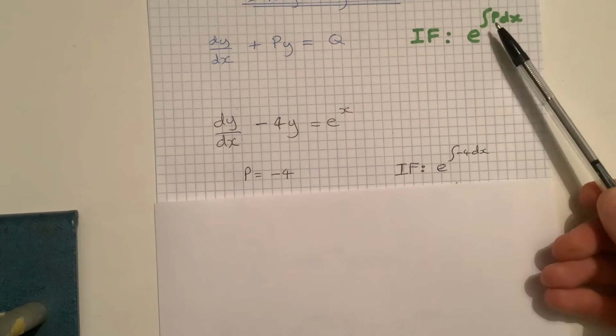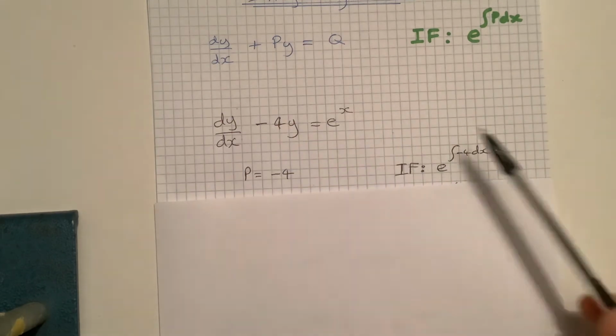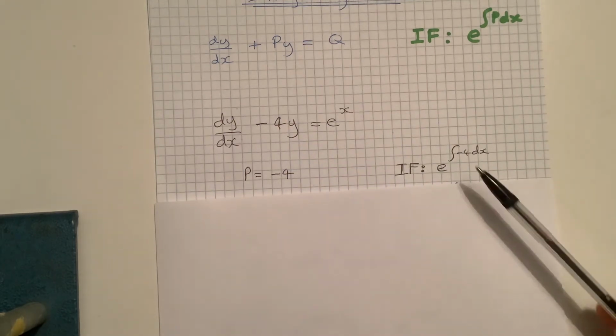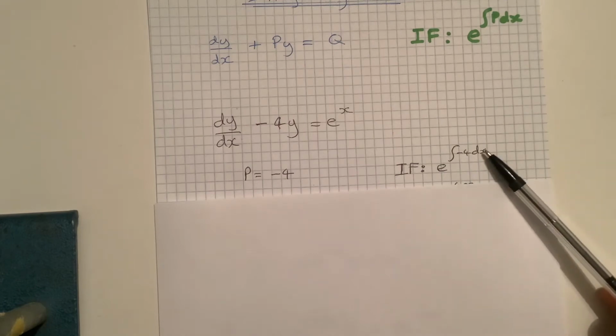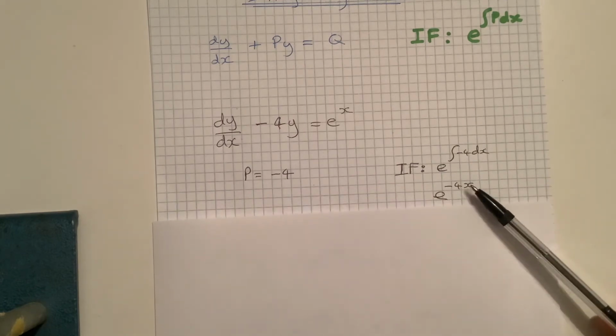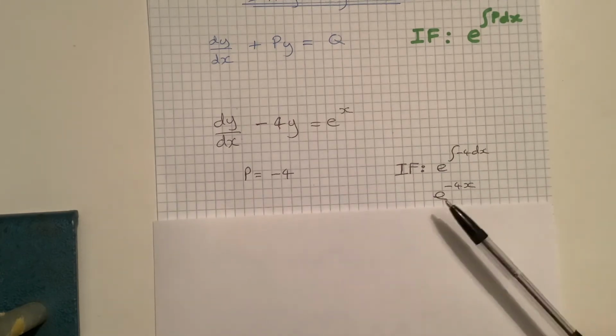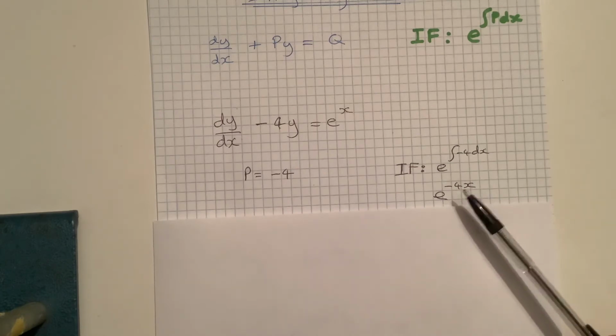So I'm just replacing the p function, the -4 from here. The integral of -4 with respect to x is -4x. So my integrating factor is e to the -4x.